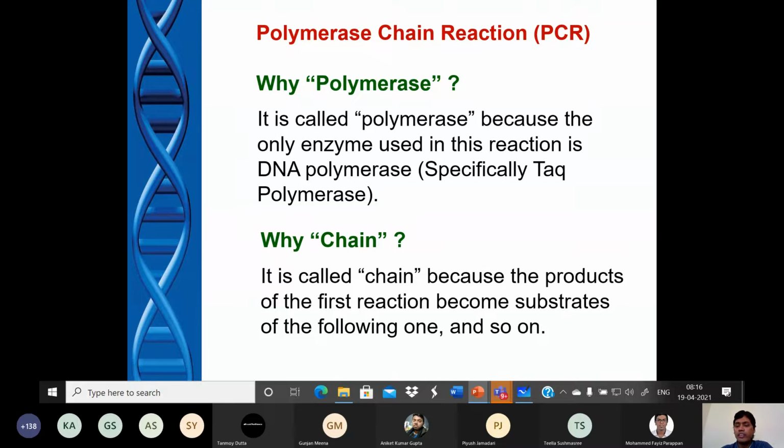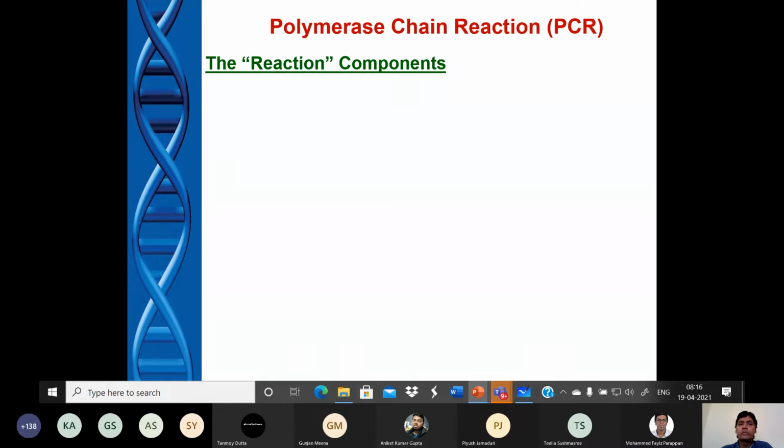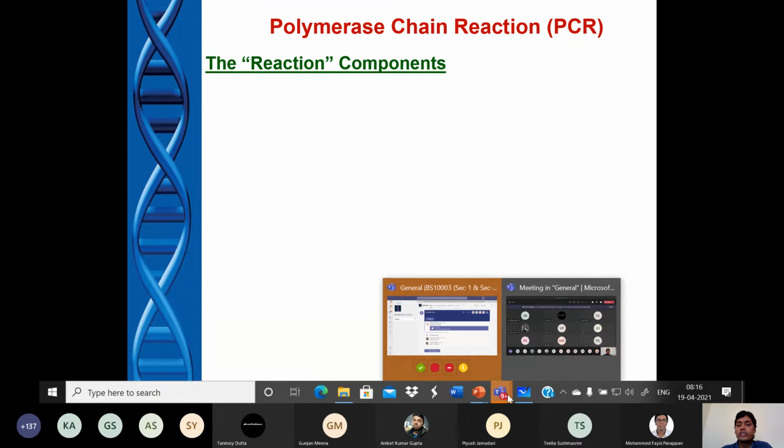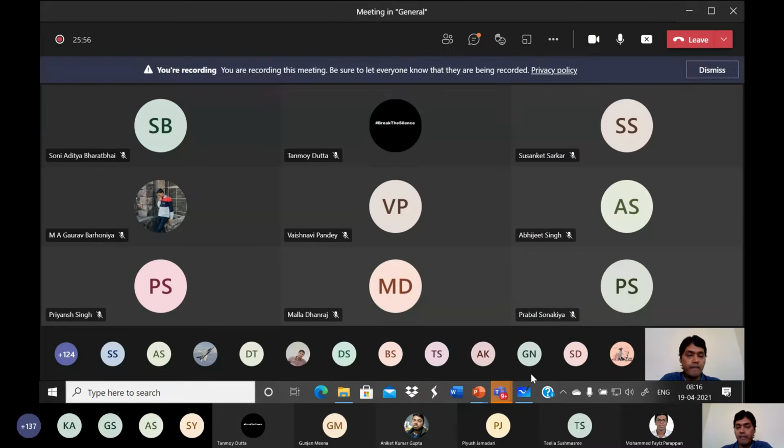Now, if we need to carry out a PCR reaction, what will be the ingredients? What do we require? Can someone unmute yourself and tell me what reagents are required in order to carry out polymerase chain reaction?